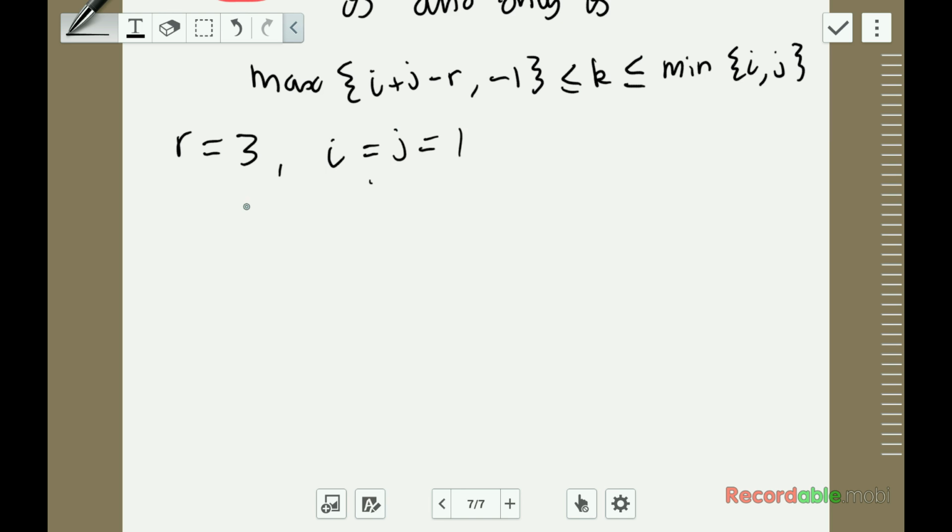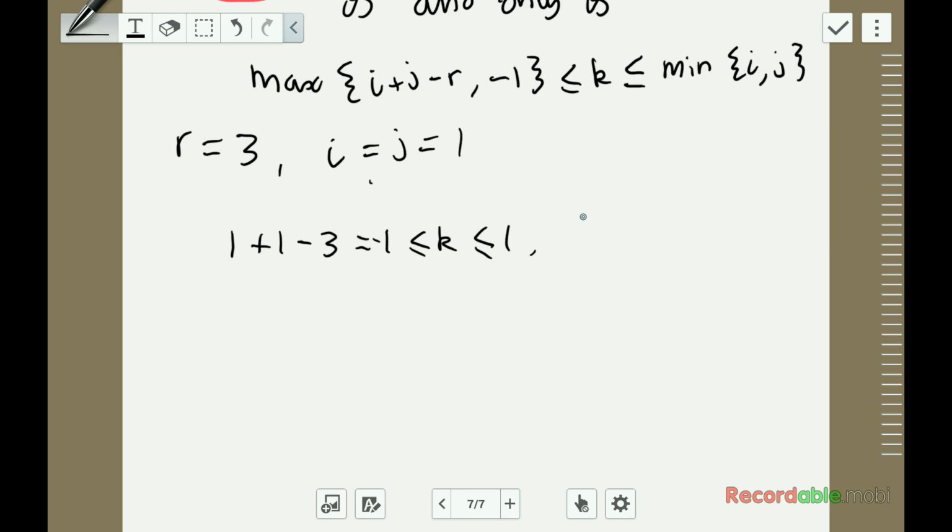It tells us that our possible dimension k has to be between these two limits. The lower bound is going to be equal to 1 plus 1, take away 3, which is minus 1. And the upper bound is 1.